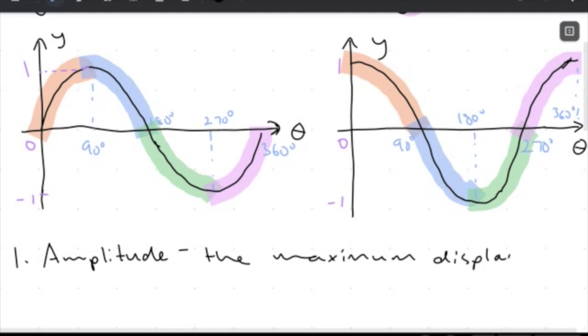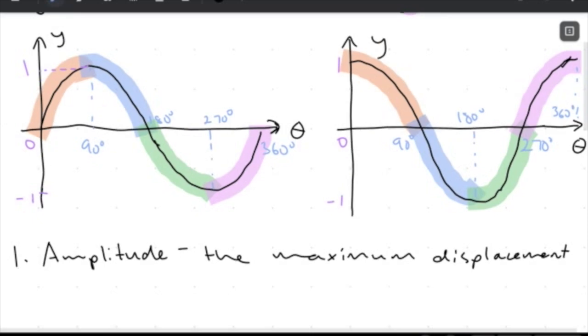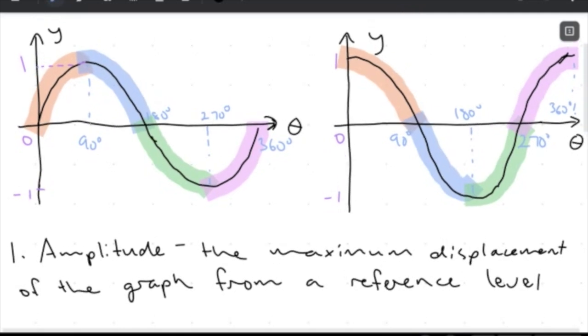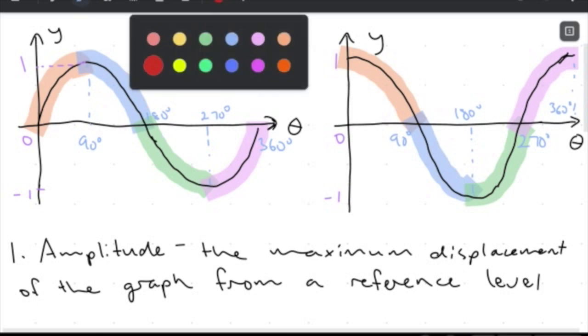The maximum displacement of the graph from a reference level. What does that mean? Well, the reference level here is basically my midpoint, or in other words, my x-axis here.